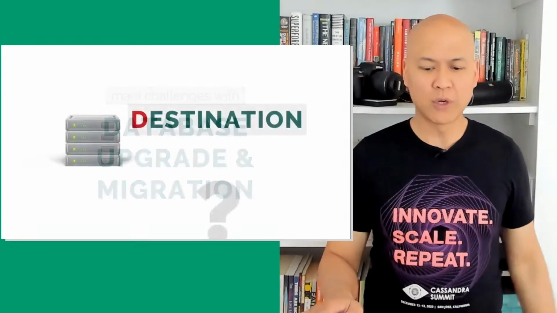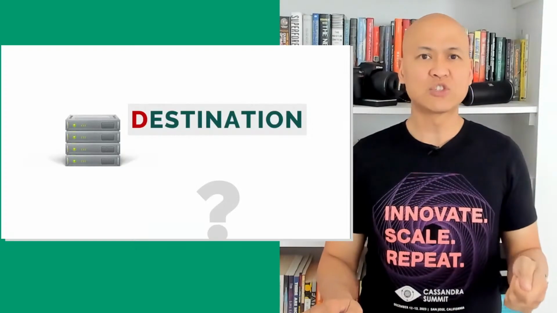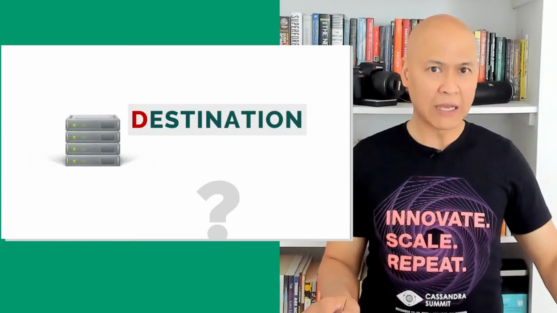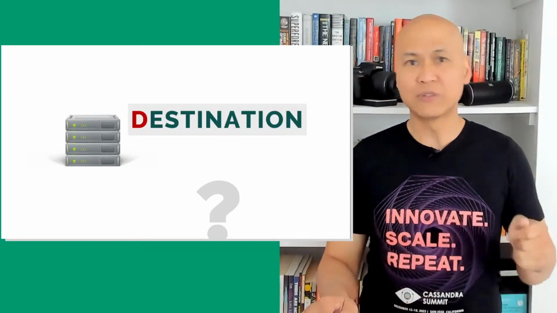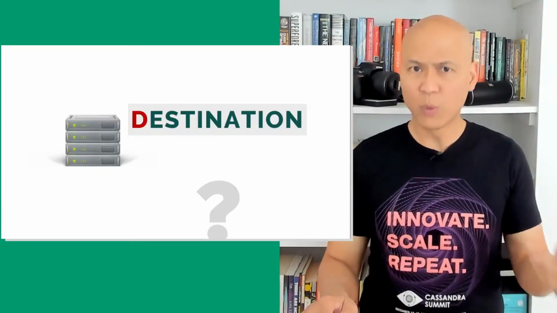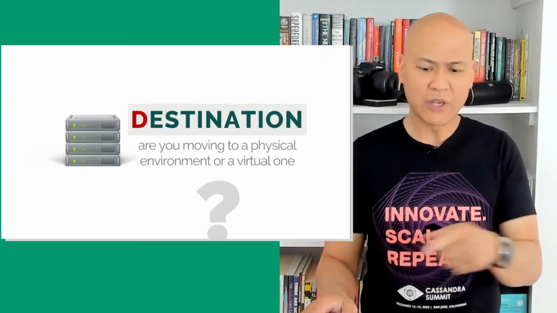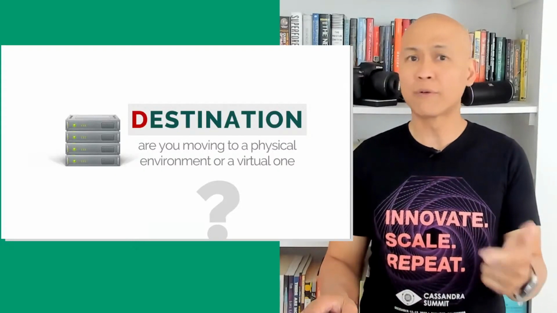Here's the first one. The first one is destination. Okay? One of the biggest challenges when you're migrating your old high availability solution to a new high availability solution is your destination. Now, you might be thinking, what destination are we looking at here? One example is, are you moving to a physical environment or a virtual one?